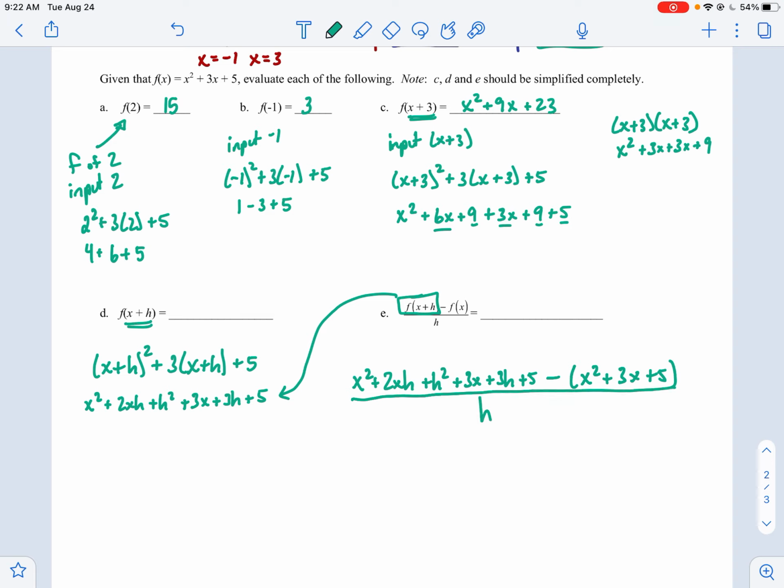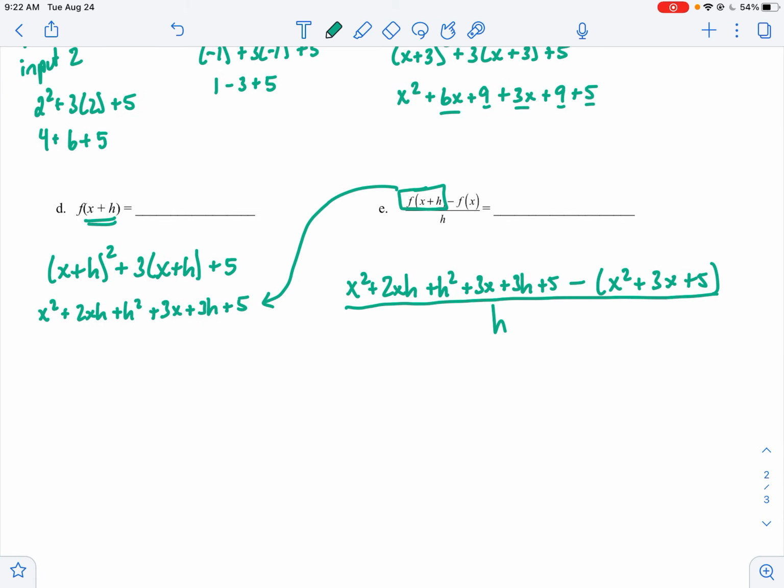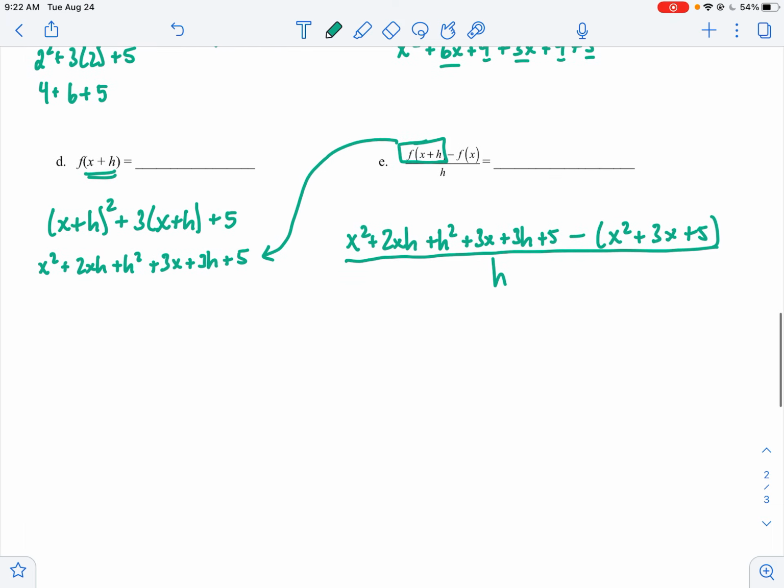Now, I know that looks really gross, but a lot of stuff's going to simplify for us. So it's just saying take f of x plus h, find what that is, now subtract the function f of x, and now divide it by h. So when I do that, we'll simplify. We get x squared plus 2xh plus h squared plus 3x plus 3h plus 5.